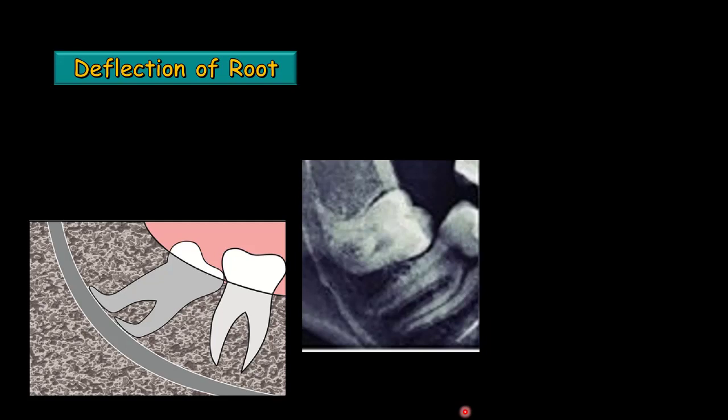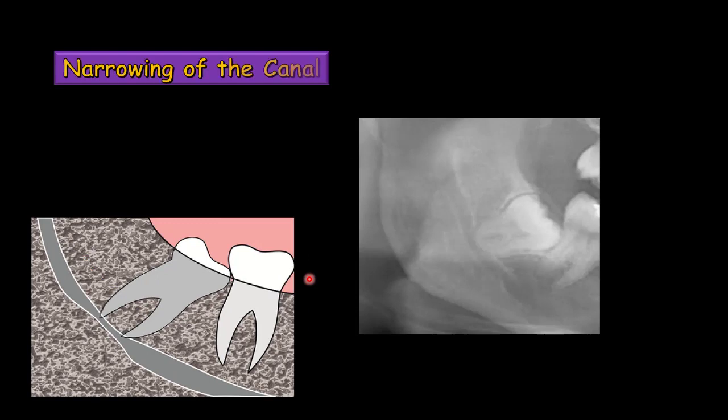Dilaceration or deflection in the root: a place where the root reaches the canal and the root changes its direction, so you see a dilaceration in the root. Narrowing of the canal: locally, the diameter of the canal decreases in the place where it reaches the third molar.